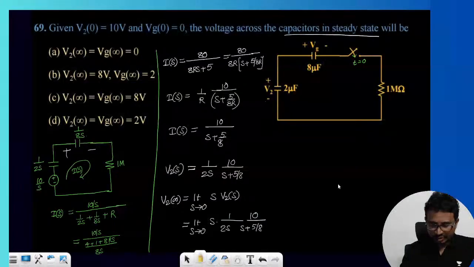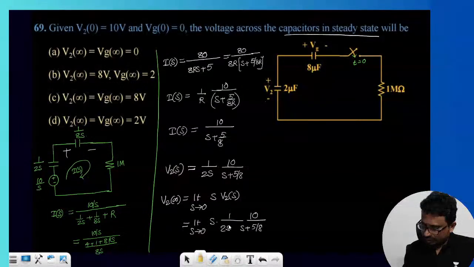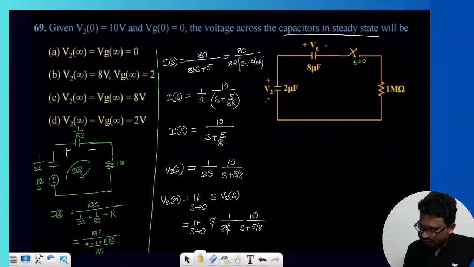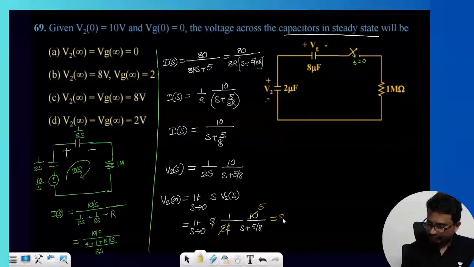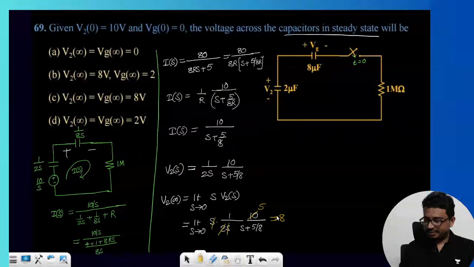Simplify this. So S will get cancelled, and with S equal to 0 it comes to 8.